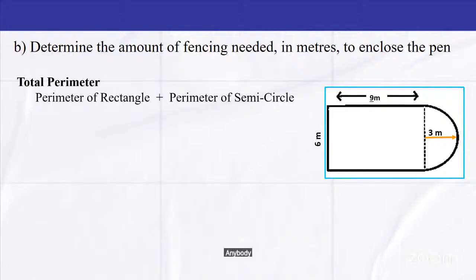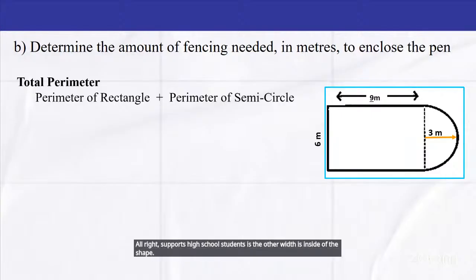Anybody can answer. You can put it in the chat, or if you want us to unmute you. A student says the other width is inside of the shape. Wonderful. Thank you very much.